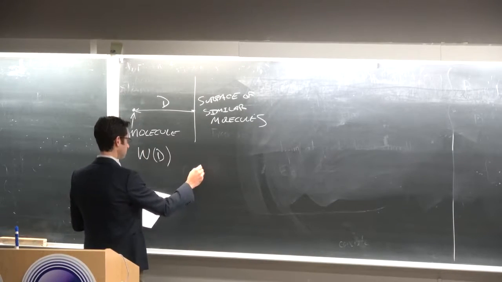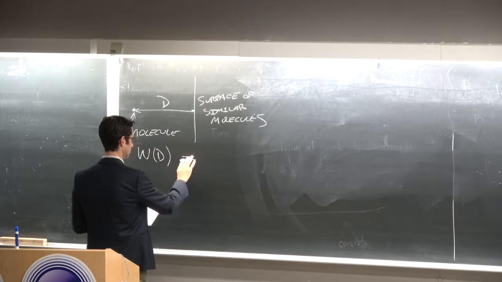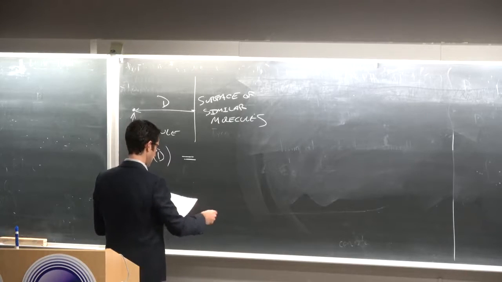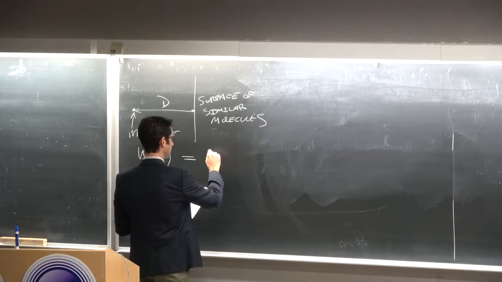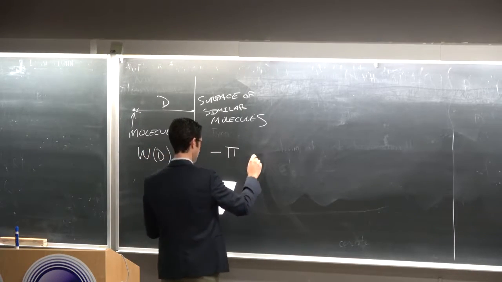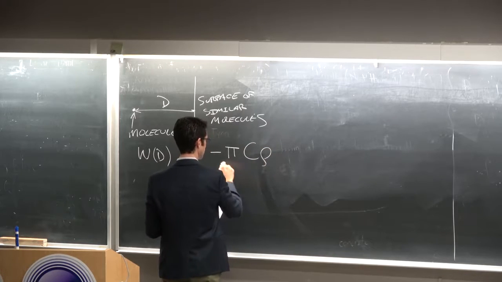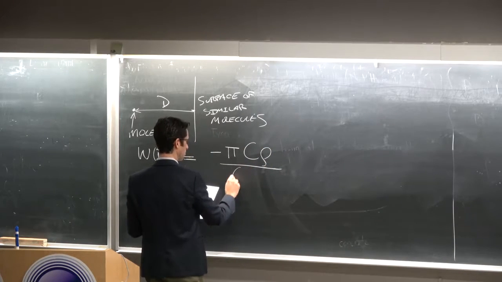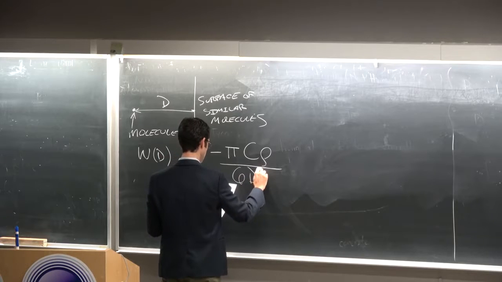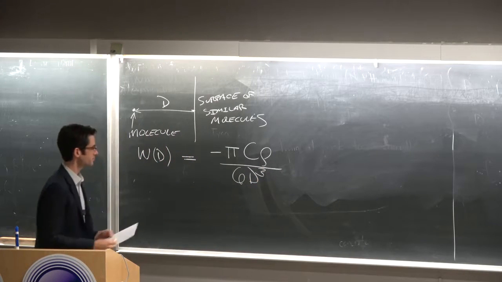So W(D) we found to be minus pi C rho over 6 d cubed.